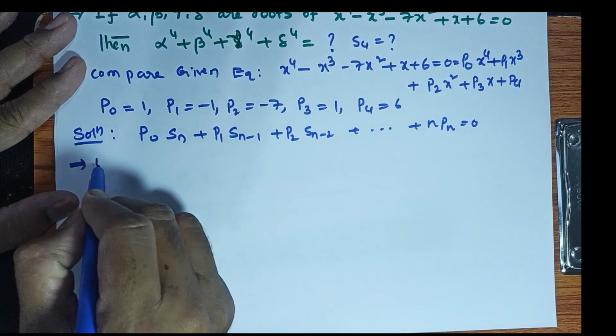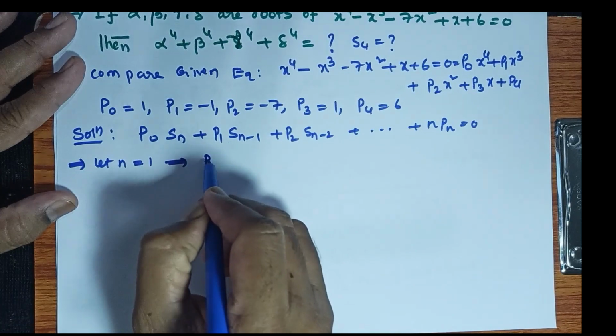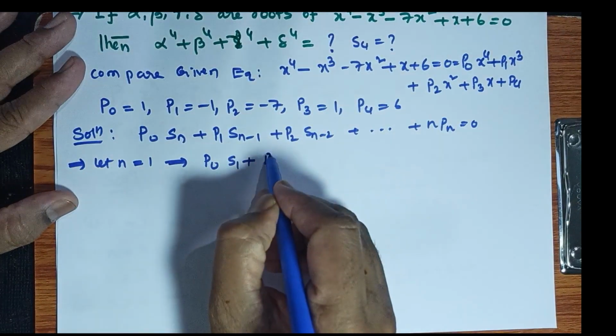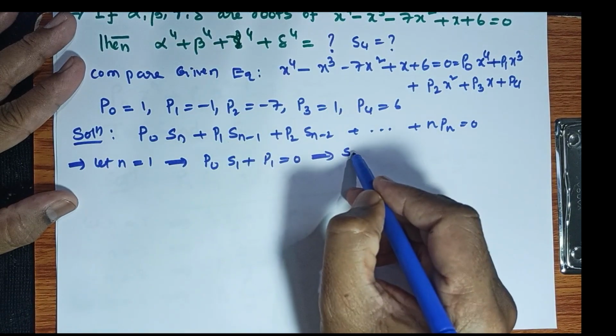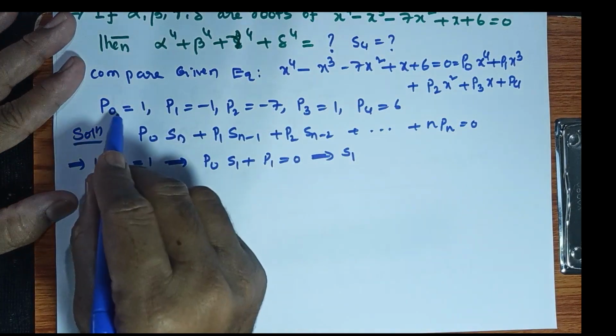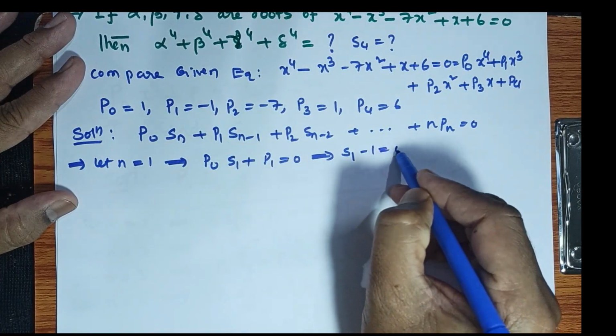Let n is equal to 1. That implies P0 S1 + 1 into P1 is equal to 0. By this we can find the S1. P0 is 1, so 1 into S1 plus P1, which is -1, is equal to 0.